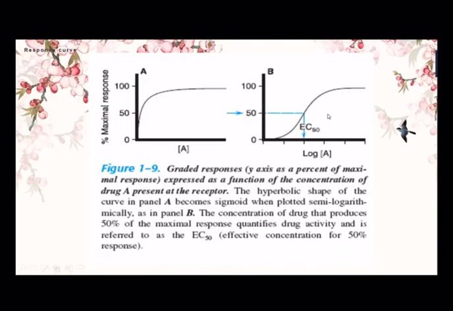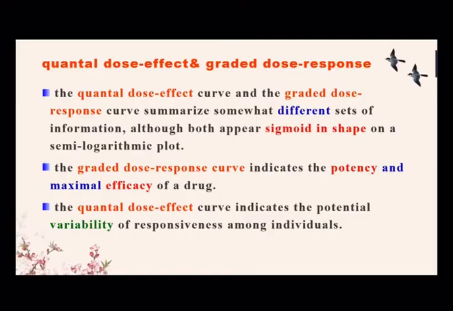Do you remember the graded dose response curve? If the abscissa is concentration, we can plot a hyperbolic curve. If the abscissa is log concentration, we can plot a sigmoid curve. Quantal dose effect, graded dose response.